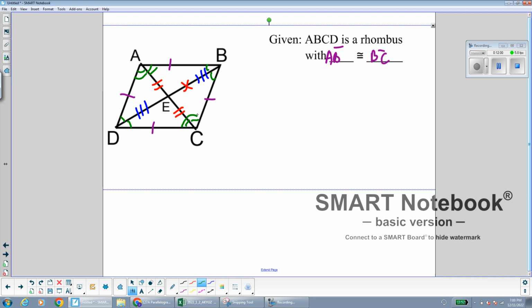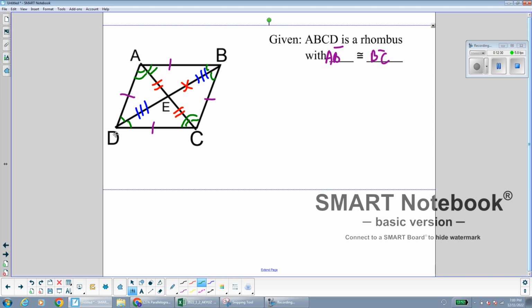So not only do we have that opposite angles are congruent because a rhombus is a parallelogram, but we also see that the diagonals split each of the angles equally in half. The angles are getting bisected. A special property of a rhombus is that the diagonals are angle bisectors. They cut the angles in half.